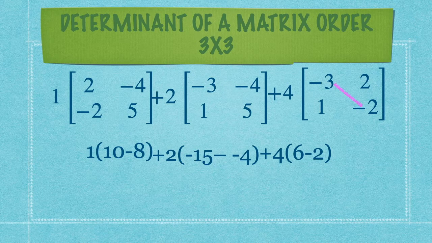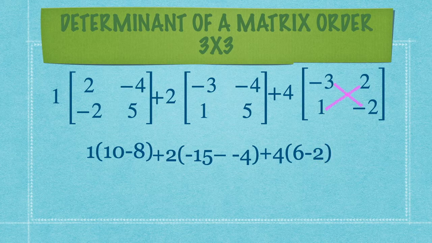So multiplying these two together, we have a +6. Again, the determinant formula has a minus in between, so that is why I have a minus there. And then 1 times 2, that gives us a +2. So it is +6 minus +2.